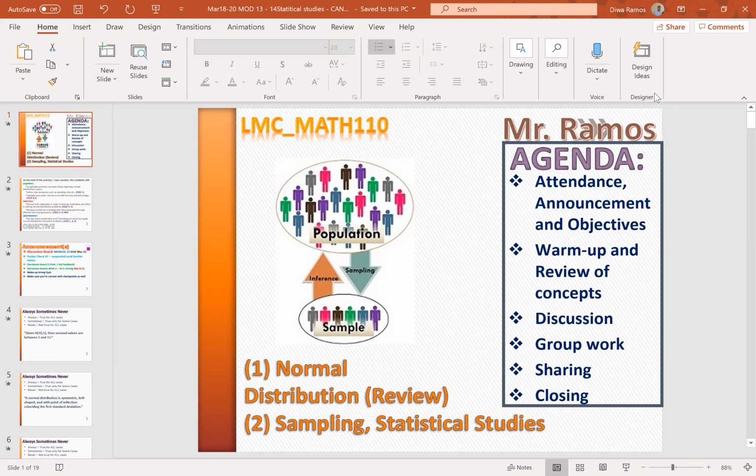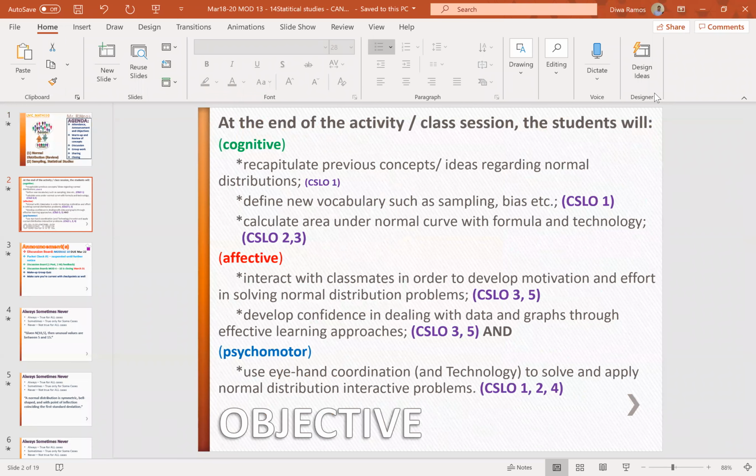We did normal distribution last time, so that was the most recent lesson. We're moving towards what we call sampling and statistical studies. But before that, there is one more component that we need to look at in terms of normal distribution, and that's standardizing. That should have been the title, actually. We'll review lessons about normal distributions.